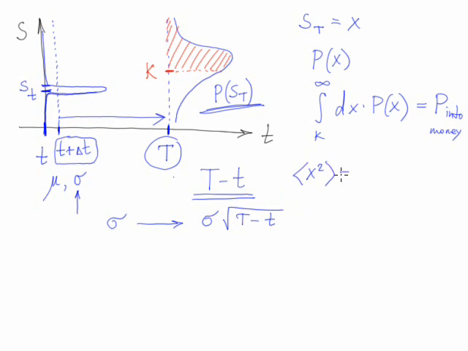Displacement square equals 6D times t minus t.